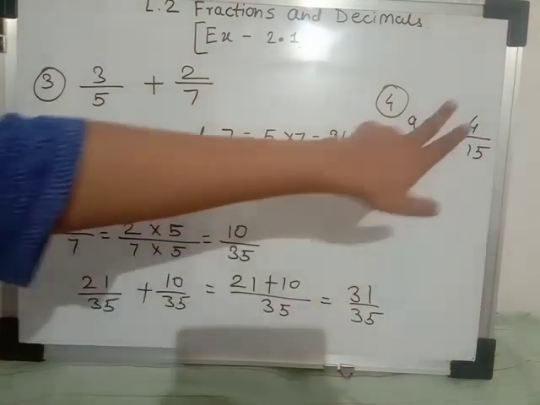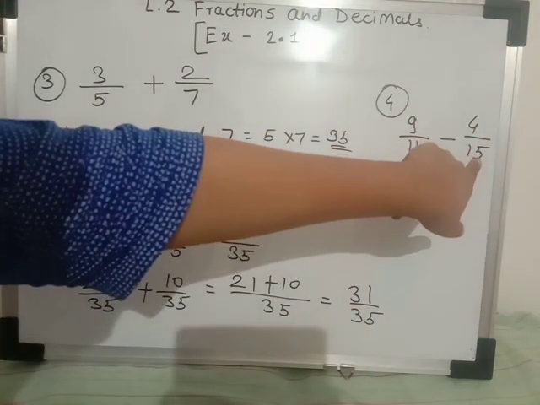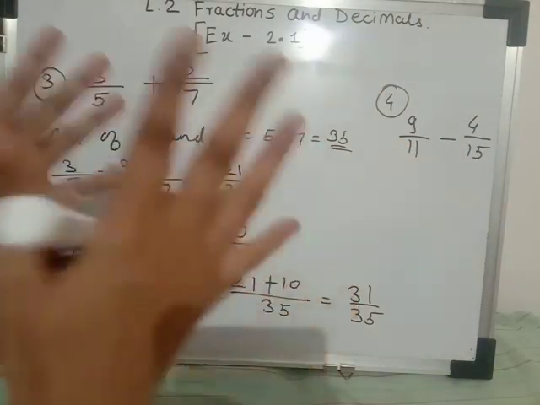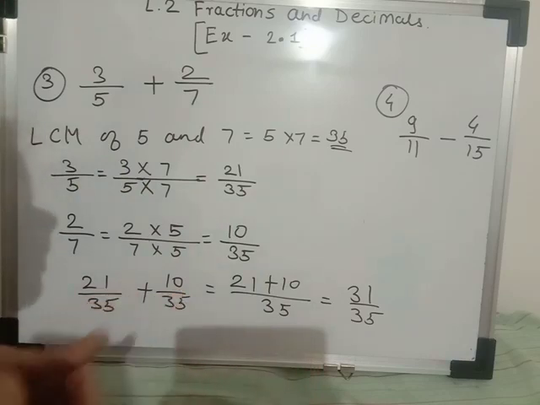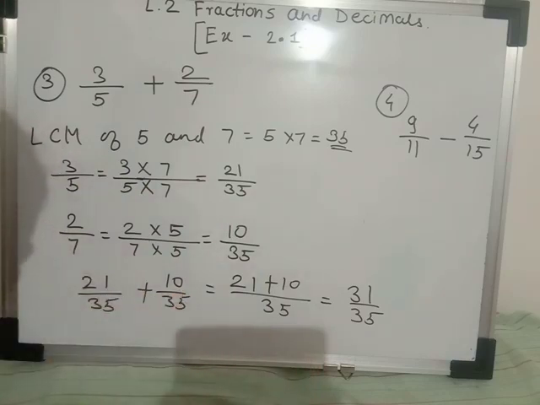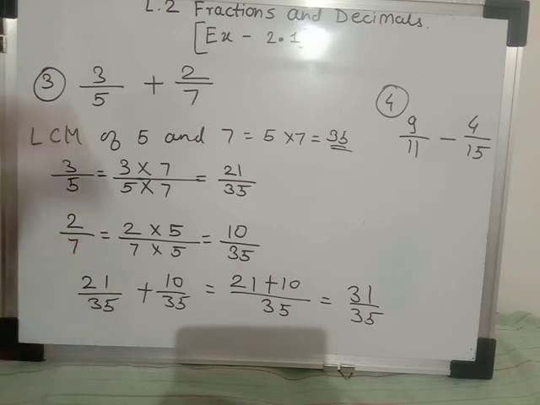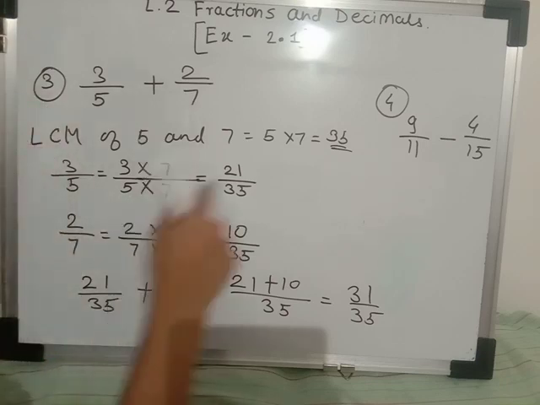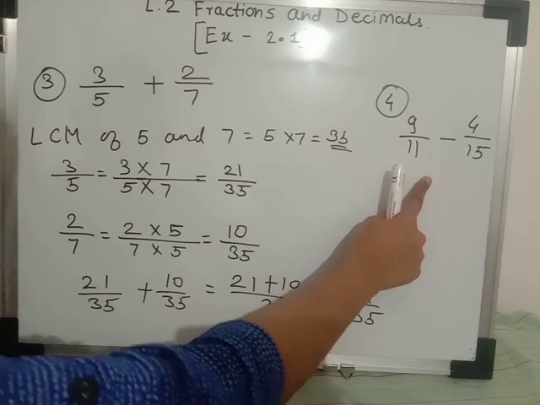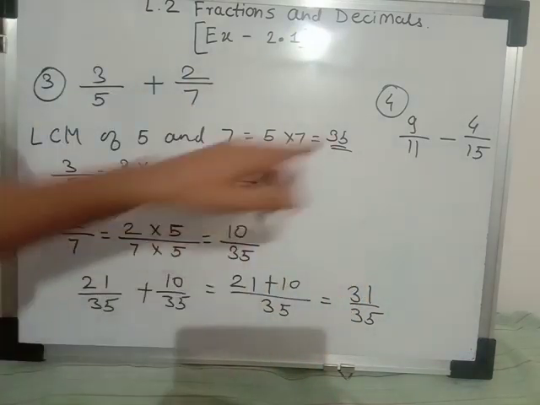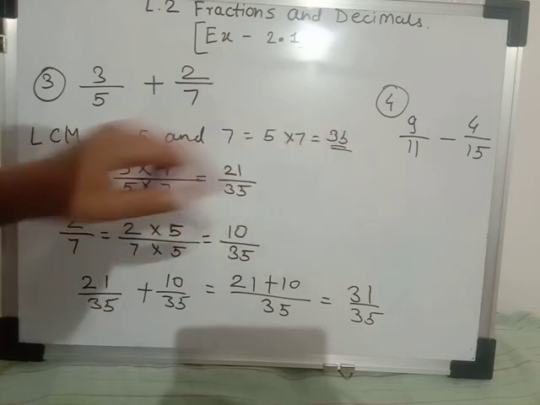So here both fractions have different denominators, so make their denominators equal by finding their LCM. Write down all these examples in your notebook. This example will help you solve example number 4. Note down with a pencil in your textbook that this example is for the homework.